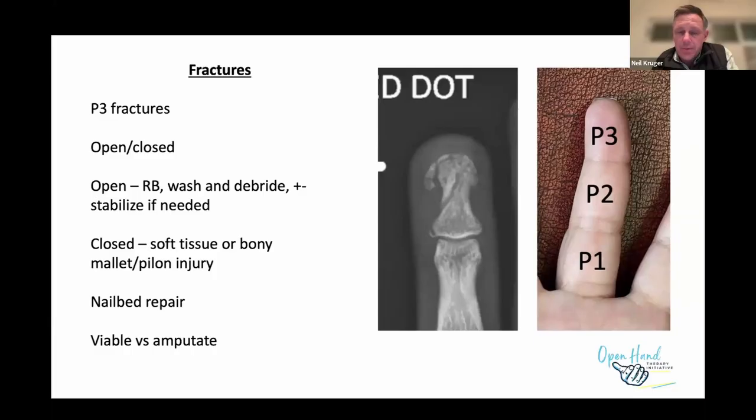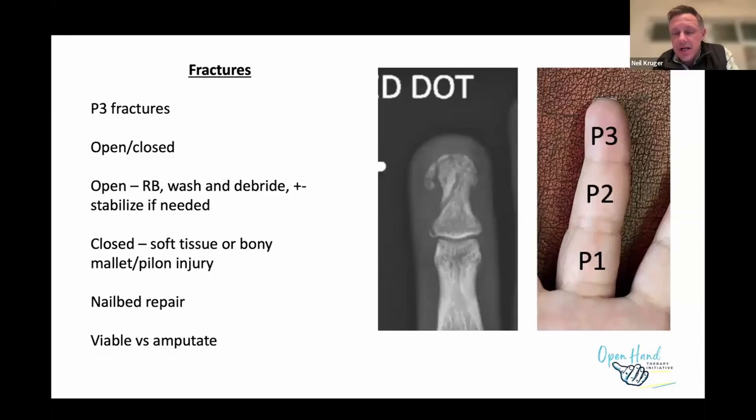If it is open, again, apply your broad principles of just do a ring block, wash it appropriately, debride it. It doesn't really often need to be an extensive debridement, but you really need to just identify what structures are injured and then stabilize if needed.